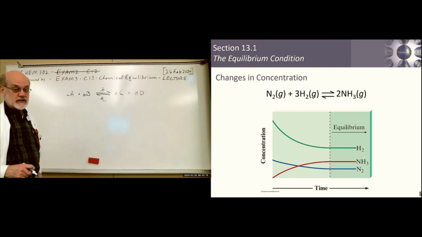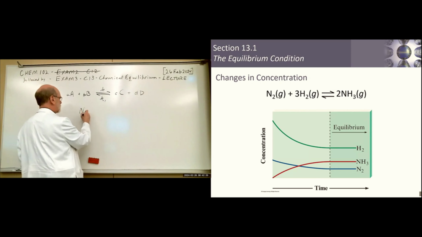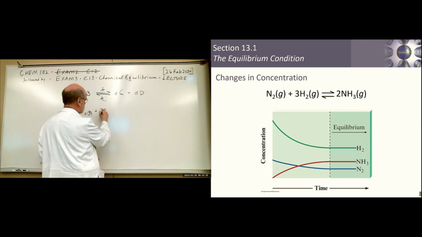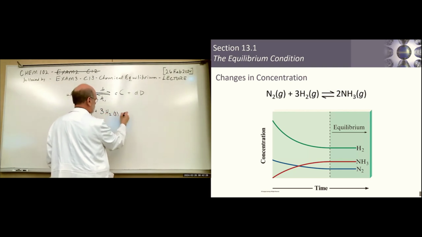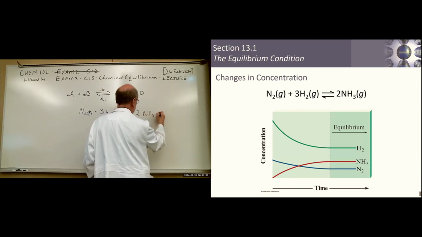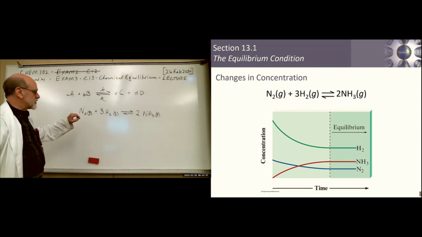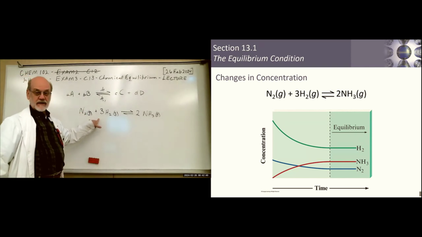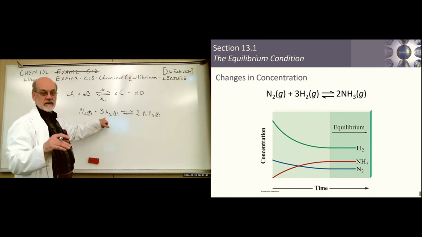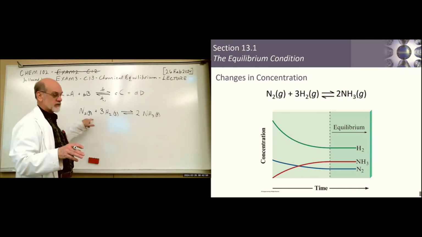Now, if we measure concentrations, of course, for this equation, let's use this one. Oh, this is the Haber process. If we start off with only reactants, and that's what the graph is showing, the green line is the hydrogen, the blue line is the nitrogen.